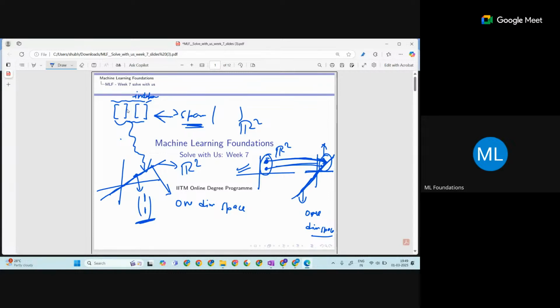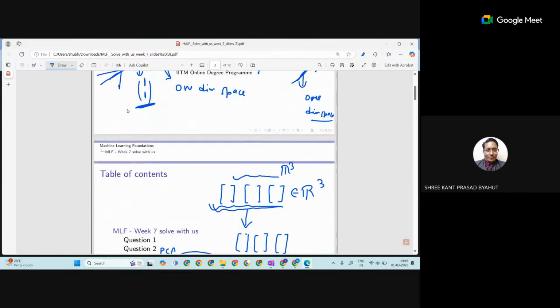Let me explain what is happening here. I have some set of vectors in a higher dimension, and in machine learning, what it does is, I have some more features. Suppose we are progressing from R4 to R2, then it will be clear.